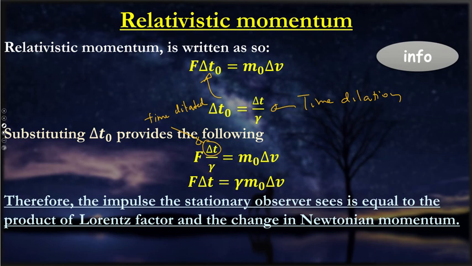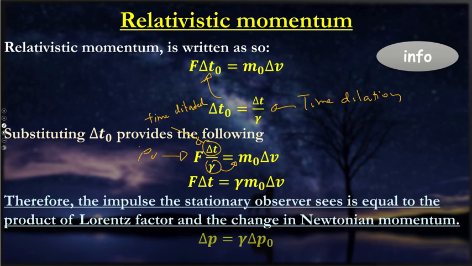Now, as you can see, because I've already considered time dilation in the formula, what I'm getting here, lowercase p, is the momentum in terms of special relativity, or relativistic momentum. Okay?